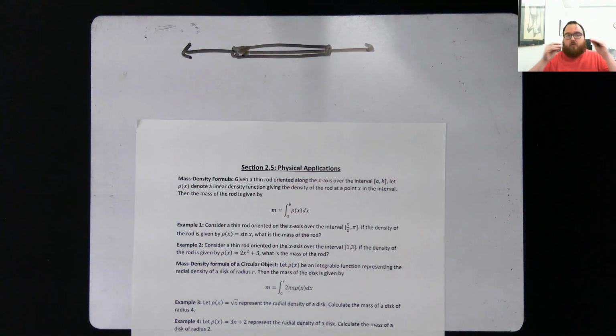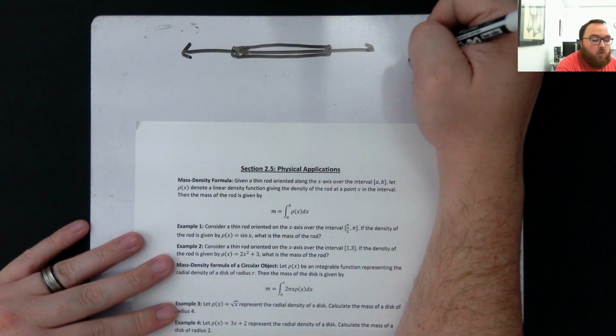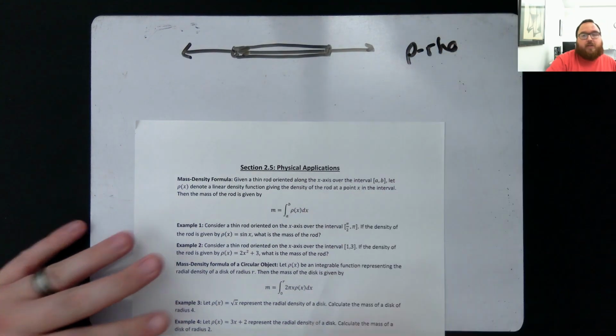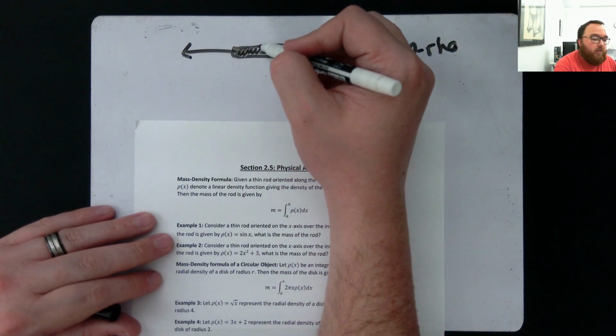Let rho of x, this weird Greek letter, rho, denote a linear density function, giving the density of the rod at any point x. Then the mass is going to be the integral from a to b of rho of x dx. So this is going to tell me the mass of the rod.